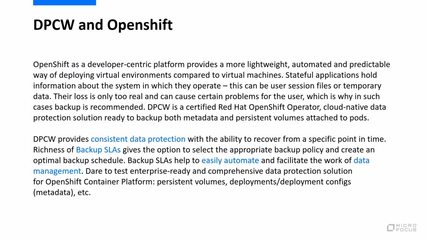OpenShift, for instance, is more like a developer-centric platform which offers a lightweight, automatic, and predictable way of deploying virtual environments. So that's a very important statement here. Virtual machines or containers are ramped up and also shut down in a matter of seconds or minutes.